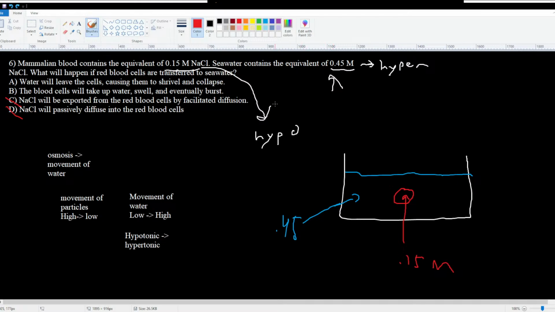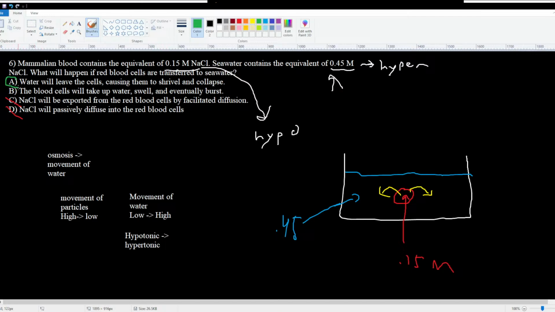So, what does this mean? So we're always moving from hypo to hyper. So the water on the inside of the cell is going to move outwardly. So now what does this do? Now, since the water is leaving, the cell is going to shrivel and collapse. It is not going to have the water in it to sustain itself.